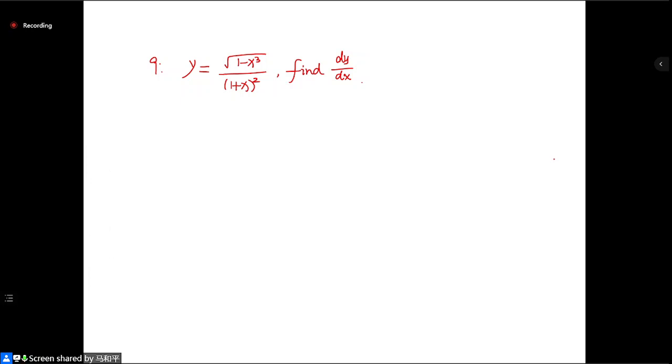Example 9. Please try it. Find dy over dx.